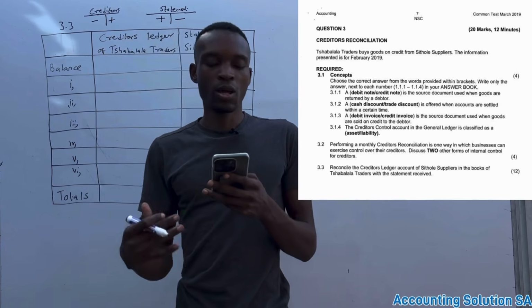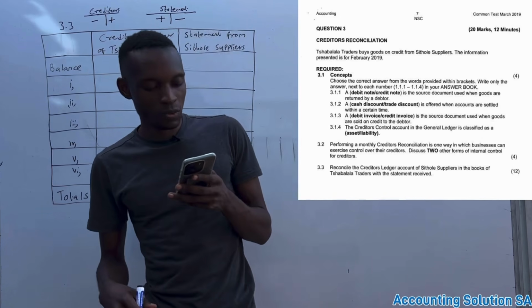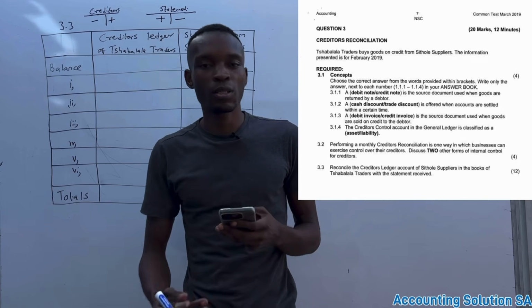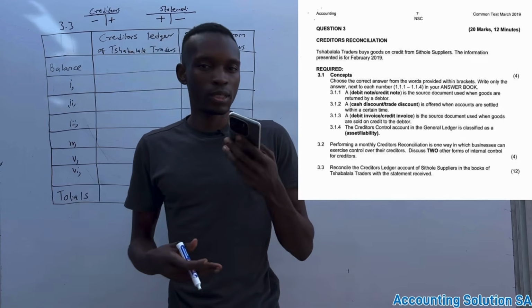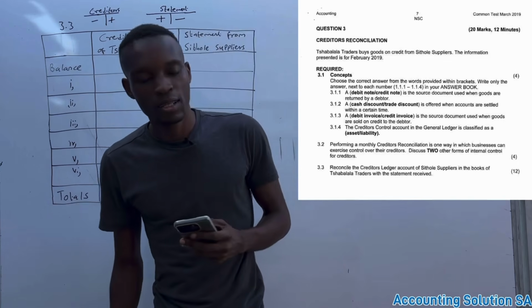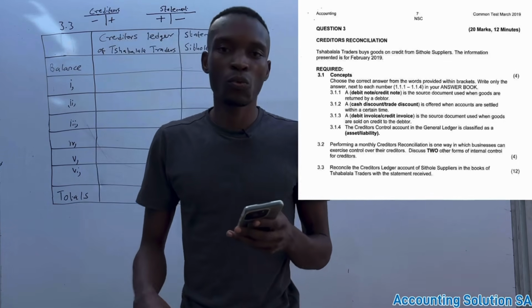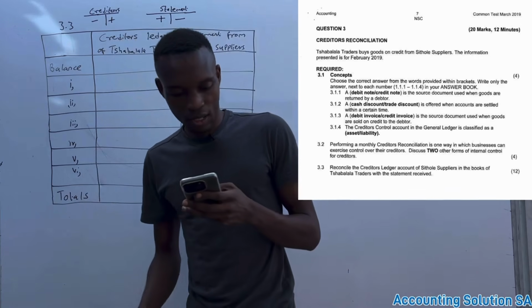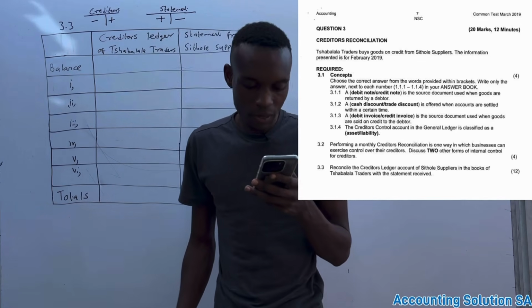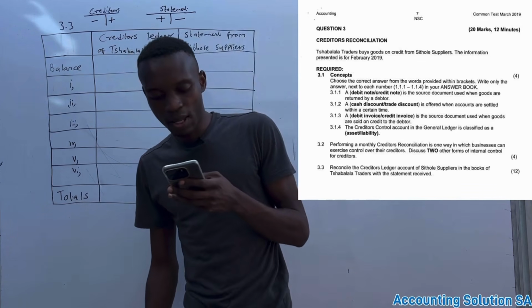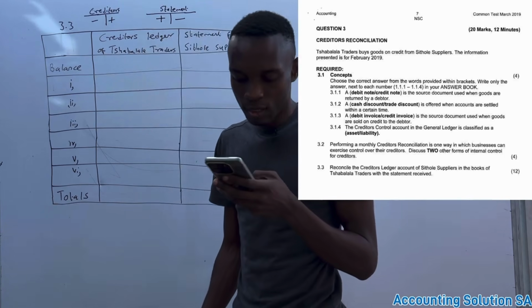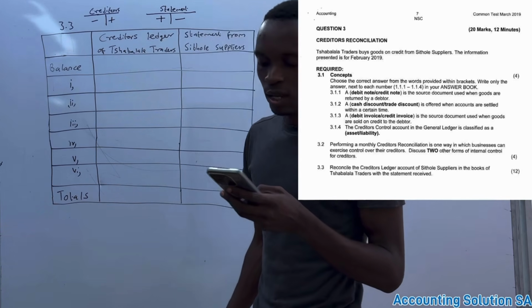You can also attempt 3.1 as well as 3.2 and tell me in the comment section what you think is the answer. I will come and comment on your answer. Reconcile the creditors ledger account of Sitole Supplier in the books of Chavalala Traders with the statement received.